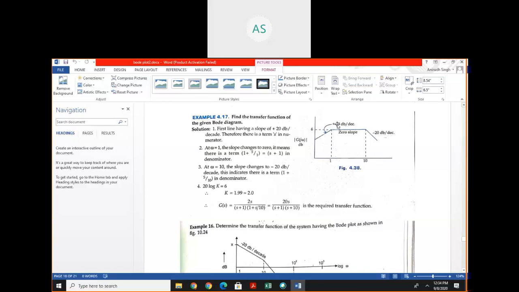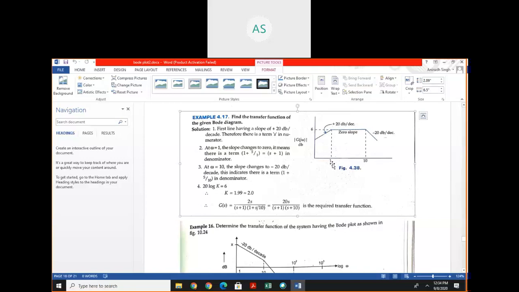Plus 20 dB means it is one pole or zero. There is a slope of plus 20 dB, and it means that there is one zero at the origin, and for zeros this s term appears in the numerator.